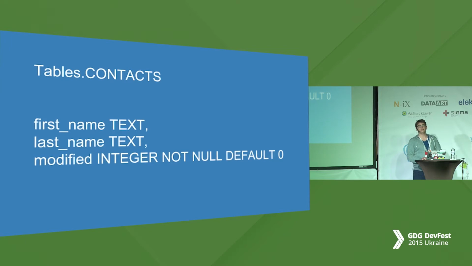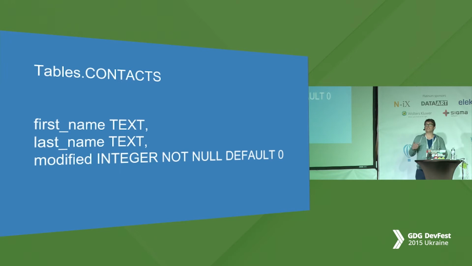So let's say that we got a table representing contacts inside of our app, inside of our database, and the contacts are regular contacts with the first name, the last name. And there is also the interesting flag called modified.